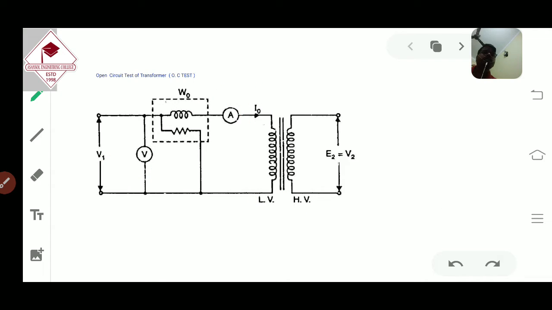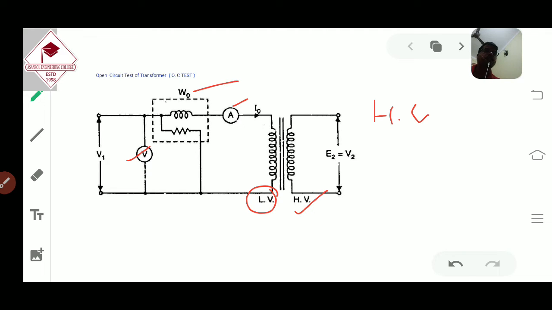So in this open circuit test, there are a few things to be kept in mind always. The first thing is the high voltage side is kept open. The second thing is, to the low voltage side we give the supply. Third is, in this test we find the core loss only.